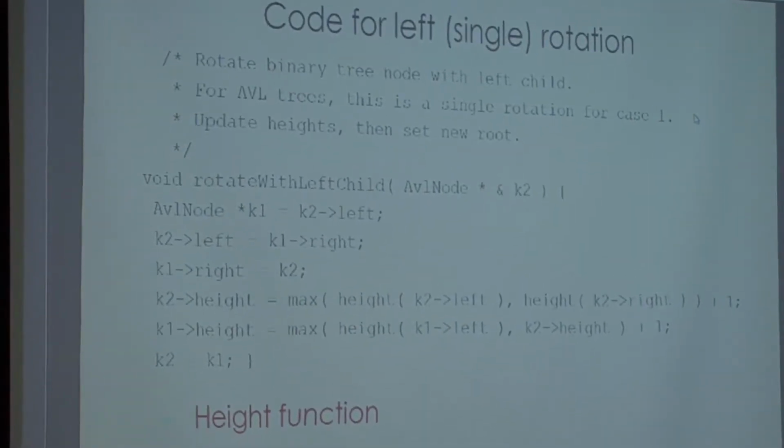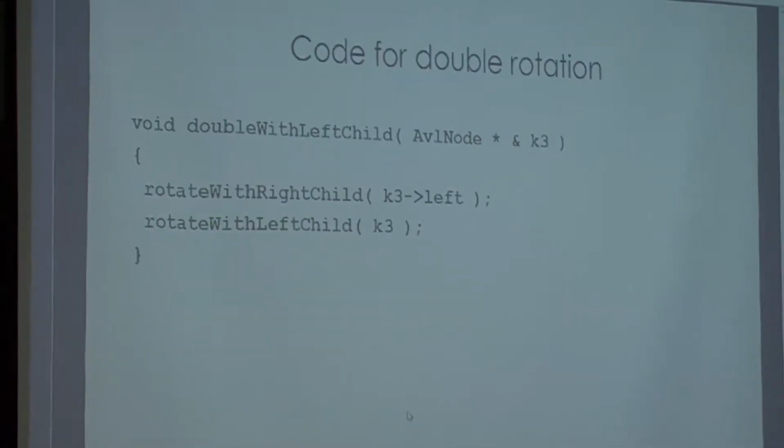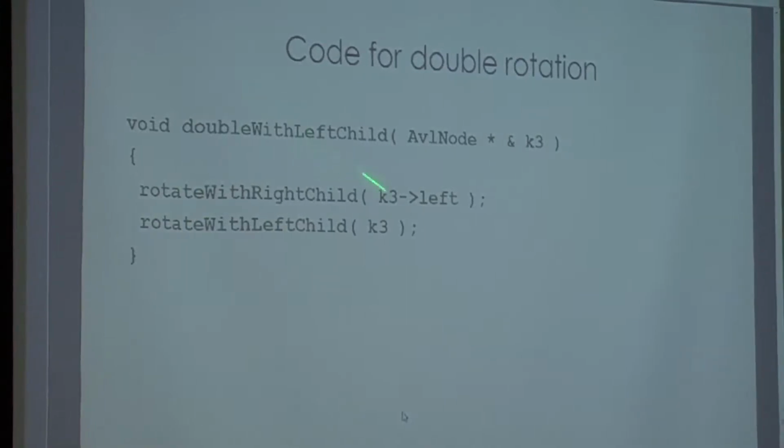And what about double rotation? Well, double rotation involves 2 calls to single rotation that you can again see in the next slide. So you see, in order to do a double rotation with the left child, you just make 2 single rotations. So the complexity of this is a constant. This is the same constant. So the total number of instructions is twice that number, 12 or whatever, depending on how you count it.